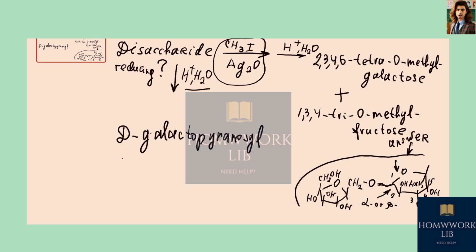Then we need to show which atoms are connected in the glycosidic bond. It's between carbon 1 of galactose and carbon 6 of fructose. And then it connects to this part, which is the D-fructose. So that's D-galactopyranosyl 1,6-D-fructose.